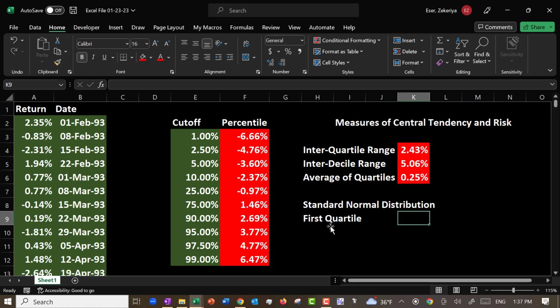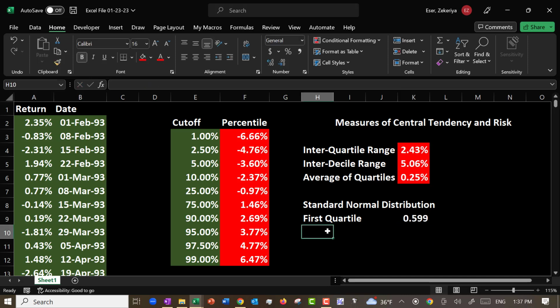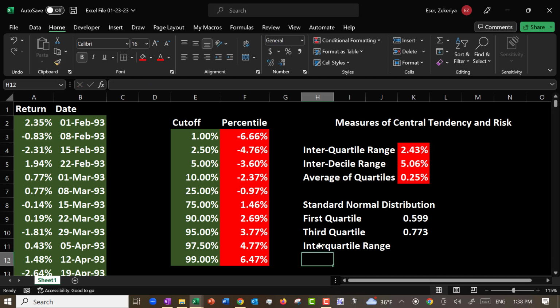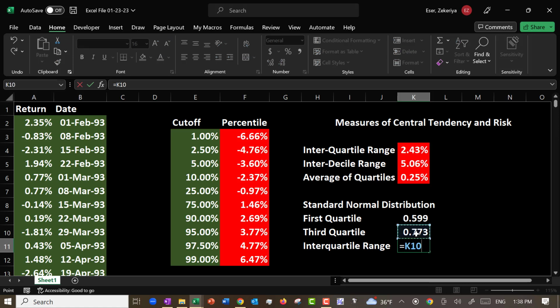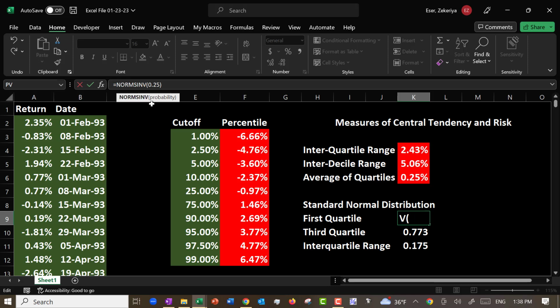First quartile would be NORM.S.INV of 0.25, and 0.75.